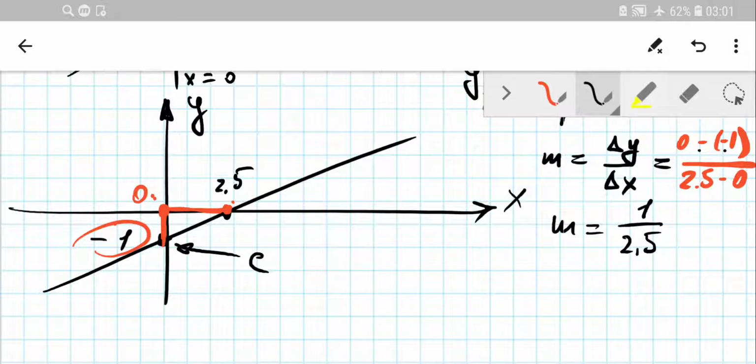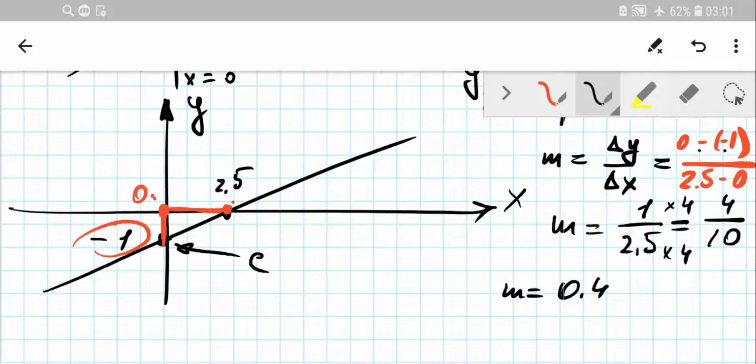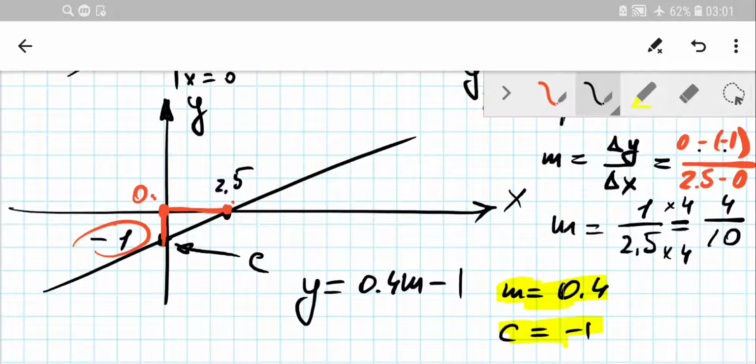Okay, it's not actually nice numbers, so we can multiply both parts by 4. So we'll get 10 over 4, so we'll get 0.4 as a decimal for m. So hence we define m and c, that is -1, all right? And we immediately can figure out the equation for this line, 0.4x minus 1. Okay, very easy.